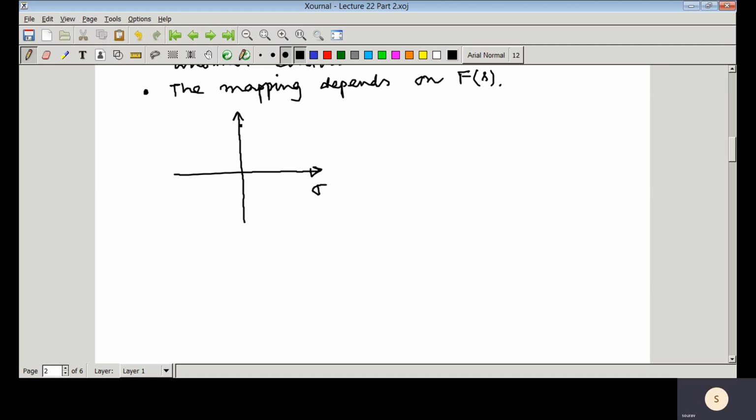So here we have one complex plane, that is the S plane, and here we have the F(s) plane, that is the real of F(s) and this is the imaginary of F(s).